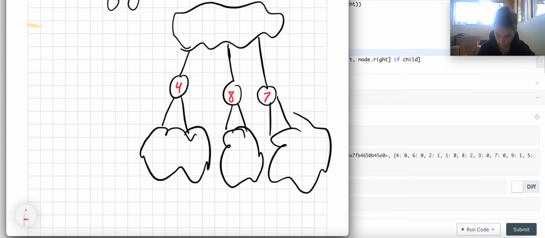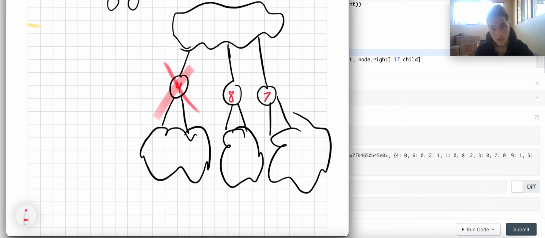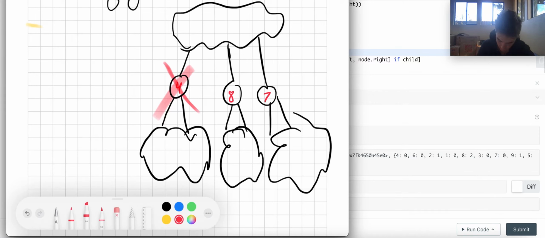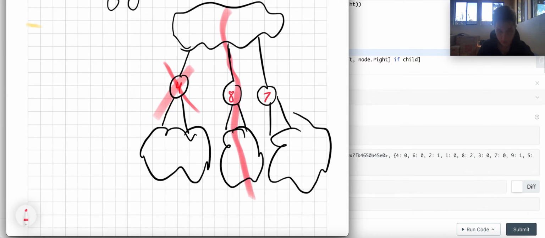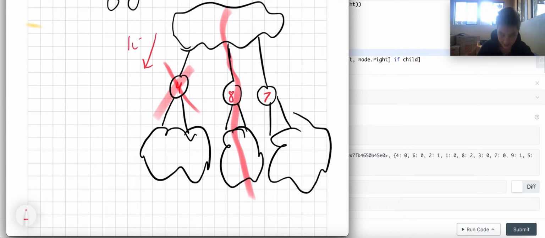Okay? So if I remove this node here, then the max subtree will be this one here, right? Because this one has size 8. So at this level, the max subtree is at size 8. So it'll be whatever the level is here. So we have level going down plus 8.